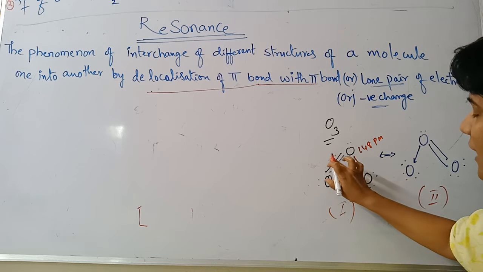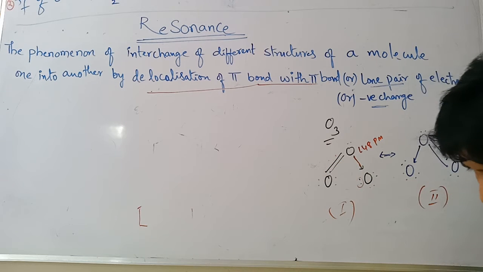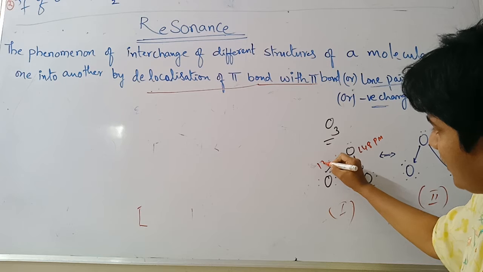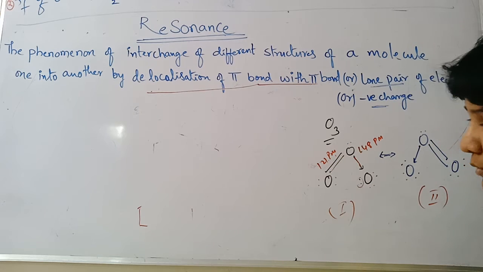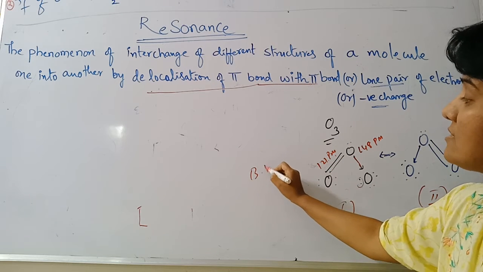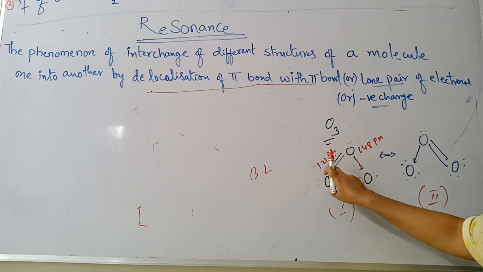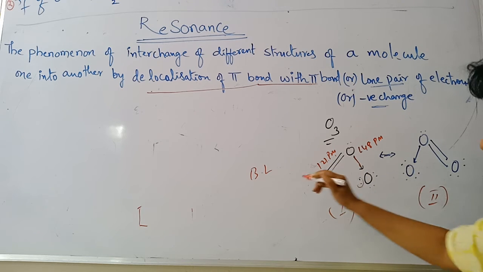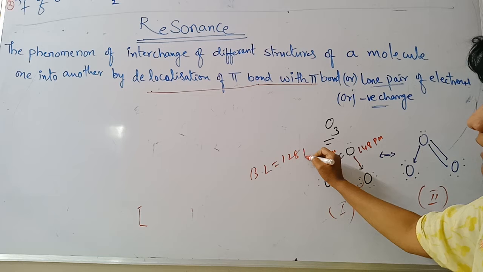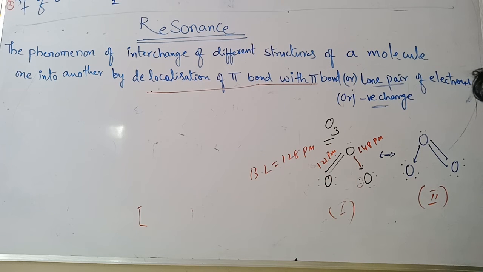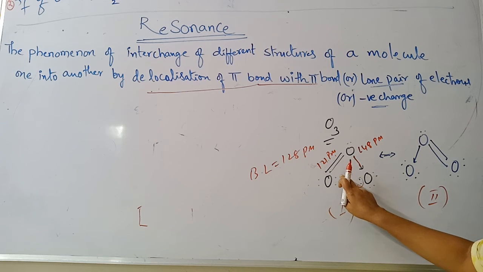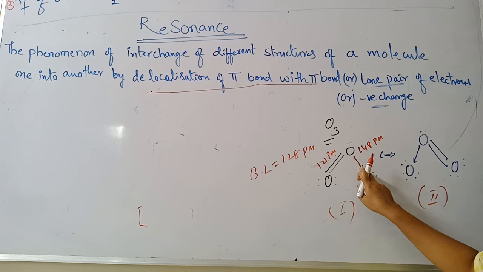If it is a double bond, it must be 121 picometers. But what is that? The bond length is no more 121 or 148. It is in between these two, that is 128 picometers. Means more length than a double bond and less bond length than a single bond.